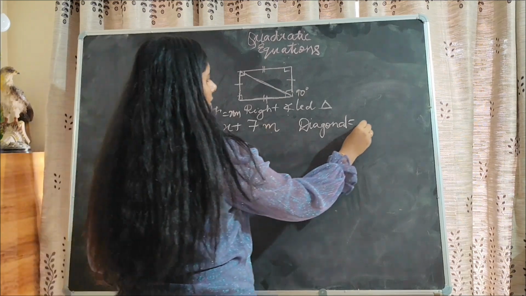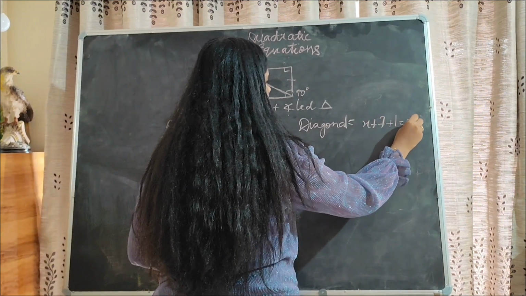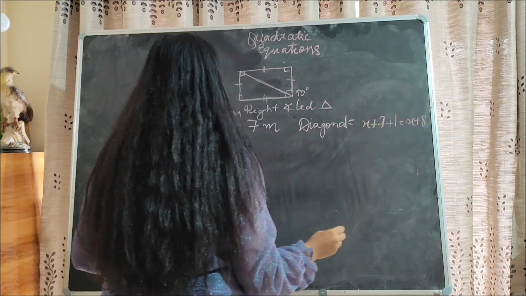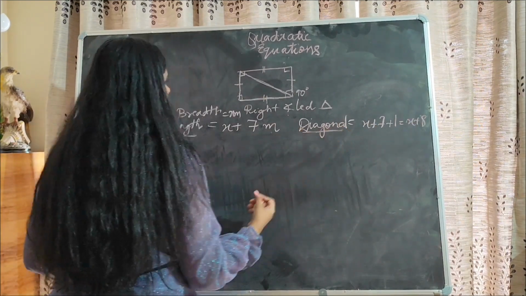So this is the length plus 1, so this is x plus 8. So this is the length and this is the diagonal.